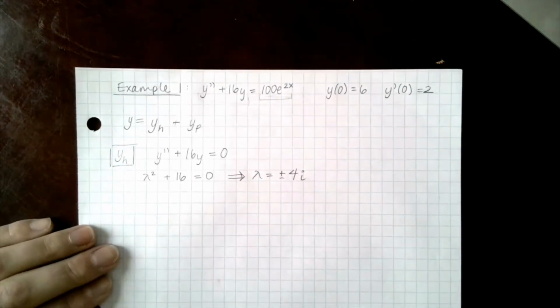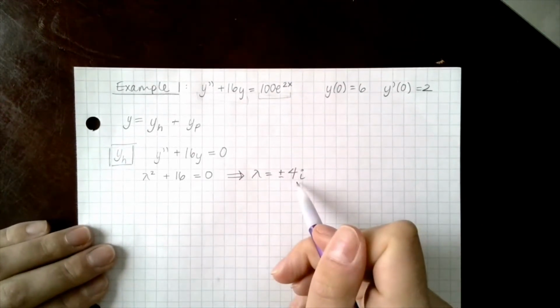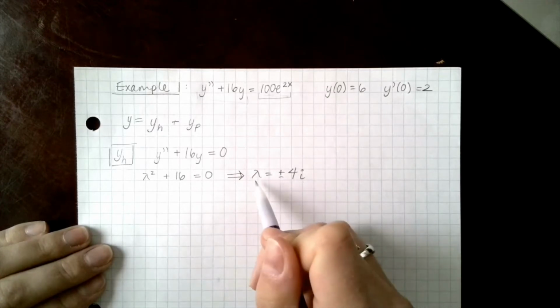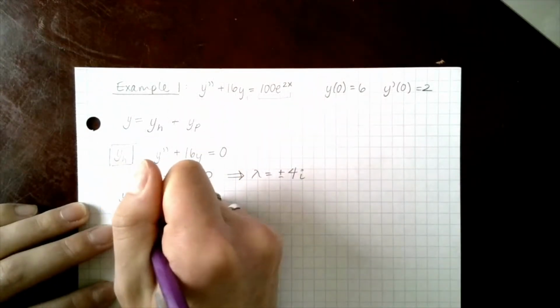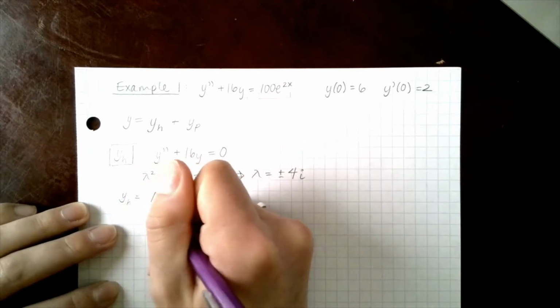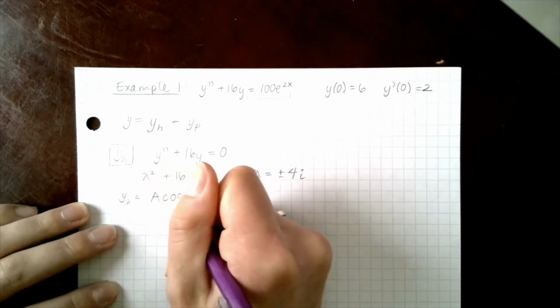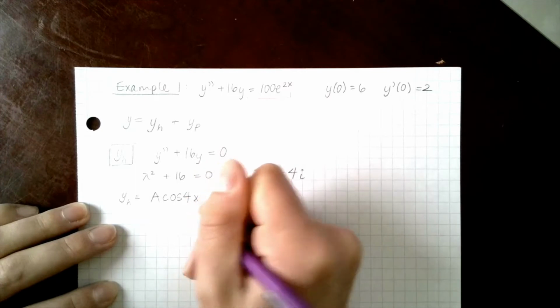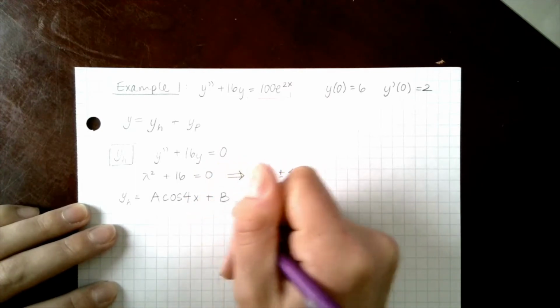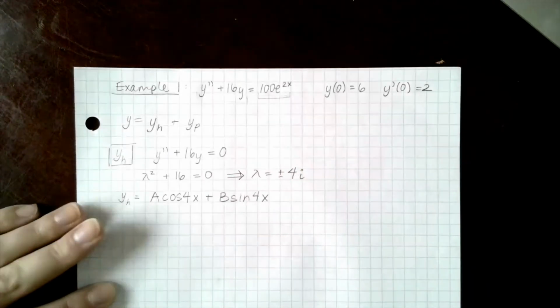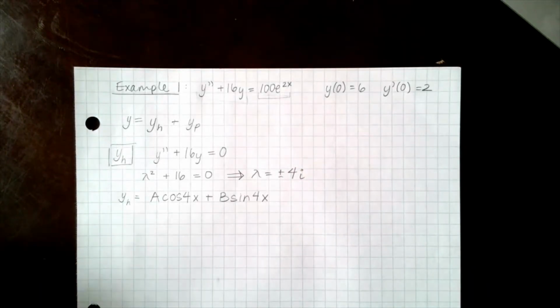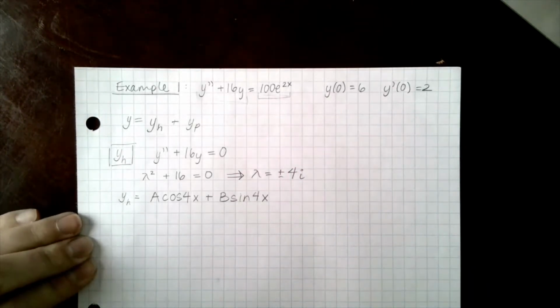We remember that when you have imaginary or complex solutions to your characteristic equation, that comes out in the form of sine and cosine. So we end up getting a cosine of 4x plus b sine of 4x. And we have solved the first part of our equation, y sub h.